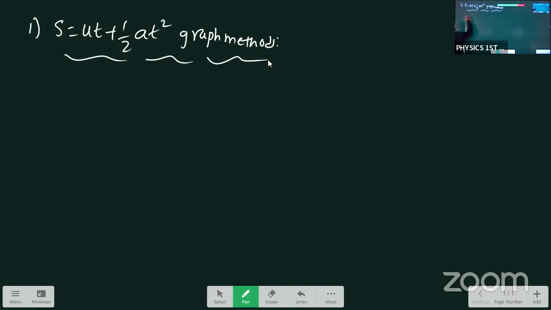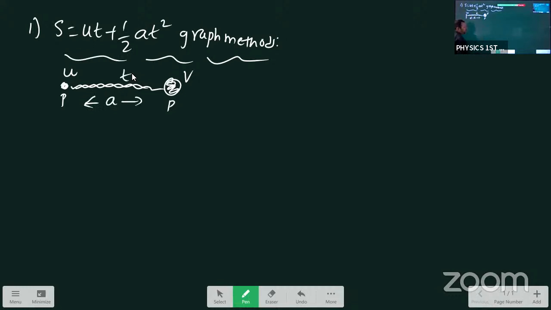So, take a particle P initially moving with velocity U. After some time its velocity becomes V. U is the initial velocity, V is the final velocity, A is the acceleration.